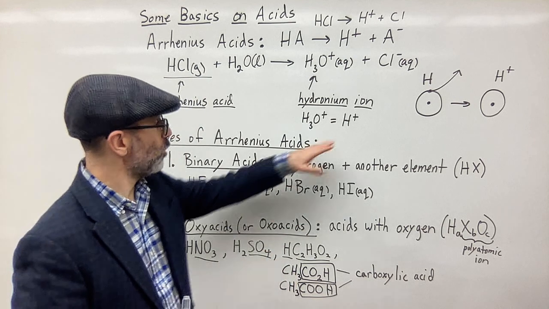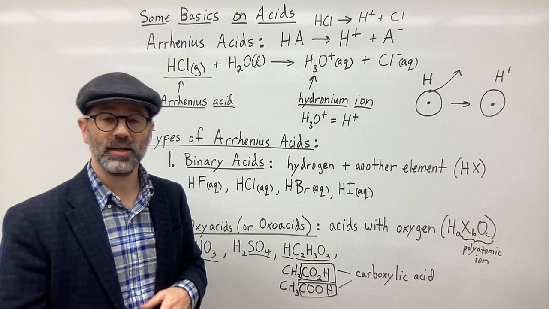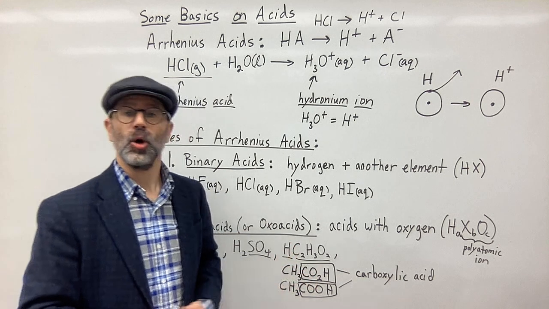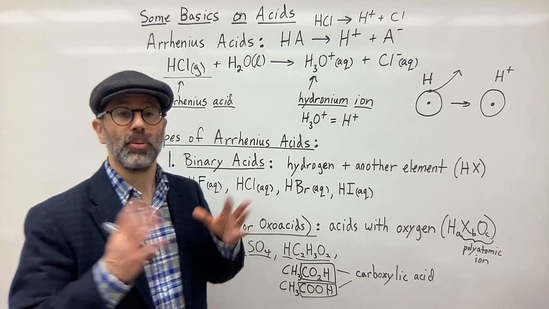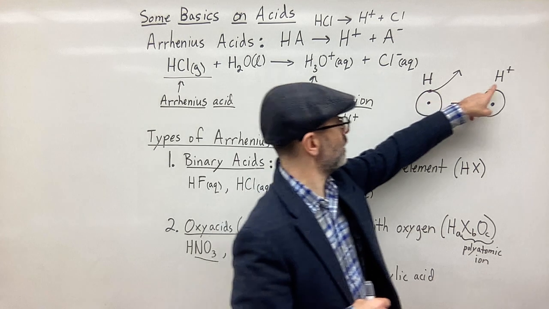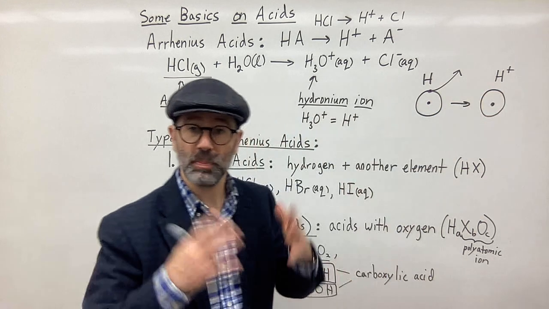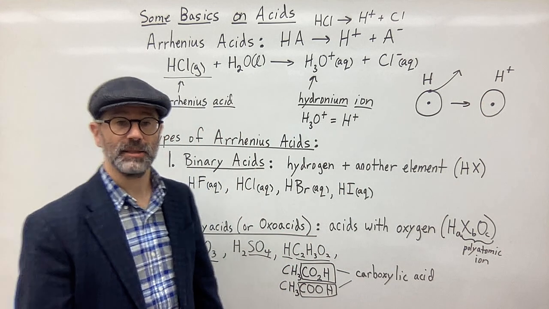So we'll refer to acids as being monoprotic, diprotic, triprotic, or polyprotic, right? The protic is referring to the number of H pluses that can be produced by the acid.